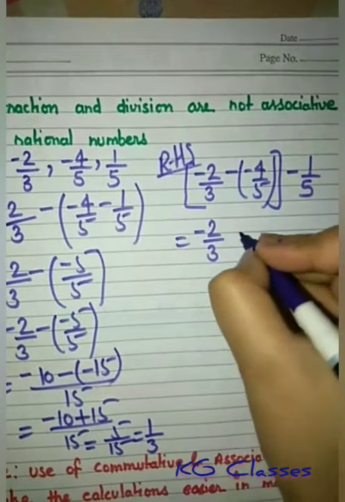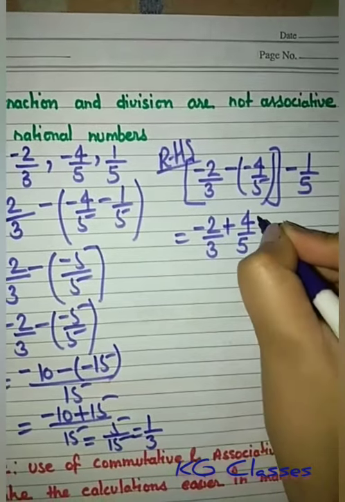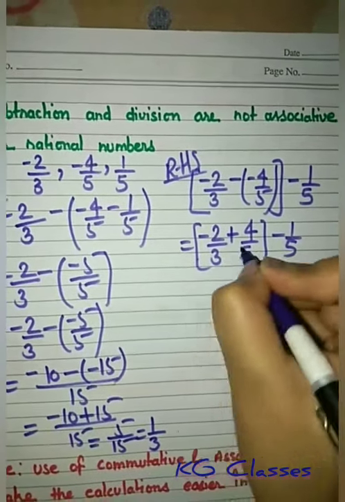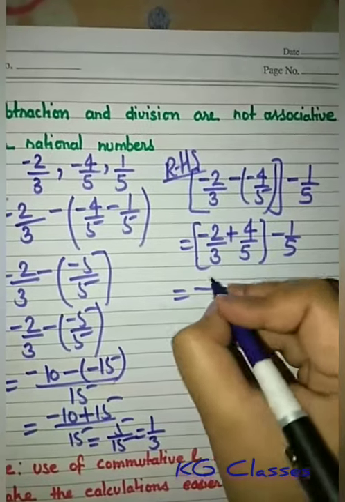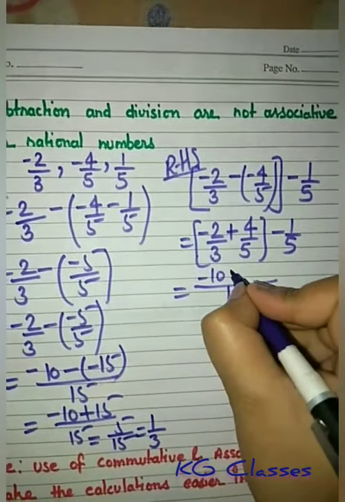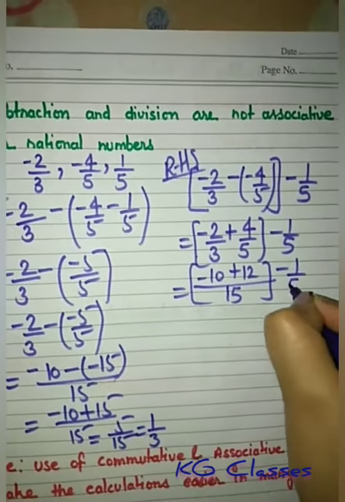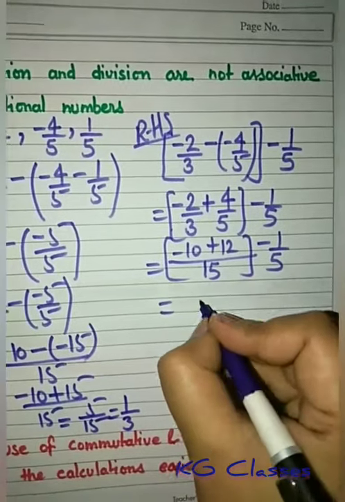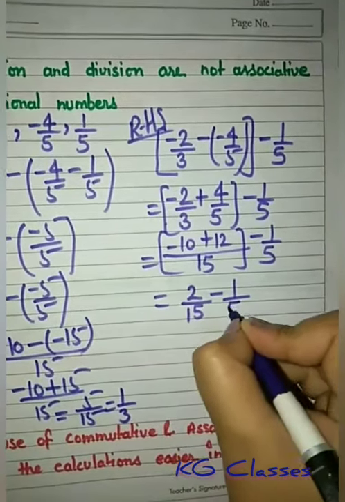We have this minus minus plus 4 by 5. Let's take the LCM of them. 5 3s are 15, 5 2s are 10, 3 4s are 12. Here minus 1 by 5 plus minus minus, so we will get 2 by 15 minus 1 by 5.